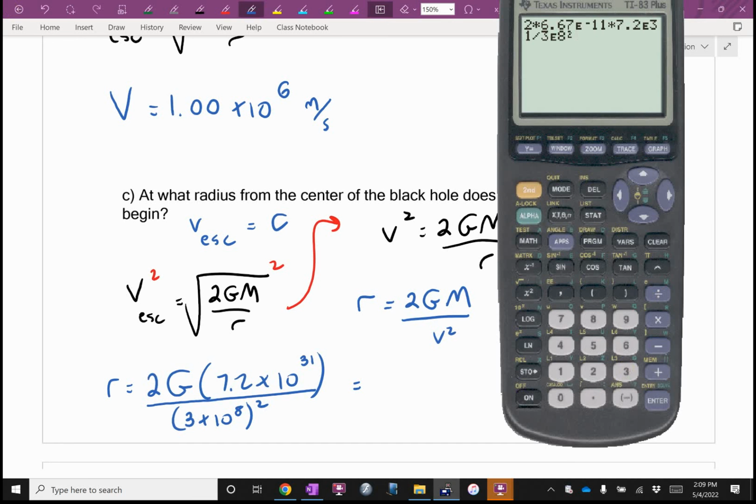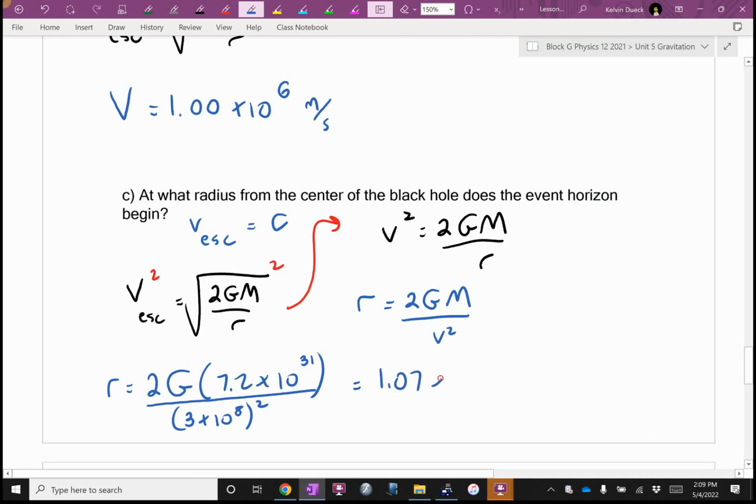Look for typos. That looks good. Do y'all get 106,720? Nice that it works out fairly evenly. 1.07 times 10 to the 5th meters.